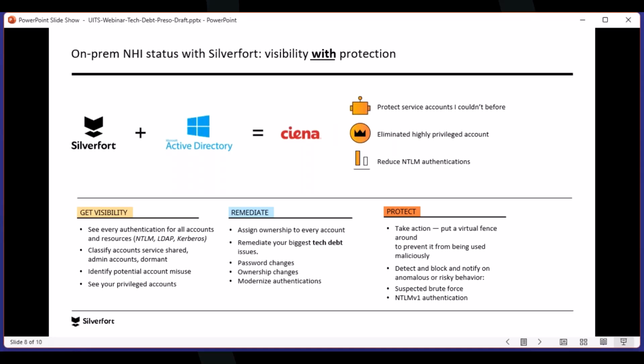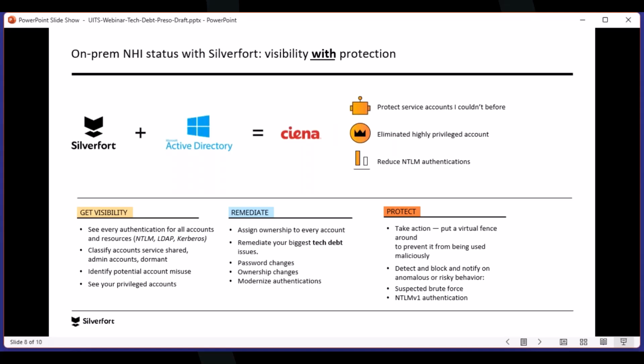It also helped us to give visibility into highly privileged accounts that weren't obvious, right? So we talked about that earlier. What are the shadow admins? What are the things that are highly permissioned that aren't named domain admins or account operators or print operators? And then we also wanted to reduce or eliminate NTLM wherever we could in our environment, and also use that as a mechanism for some other remediation longer term related to applications that were potentially installed with that.